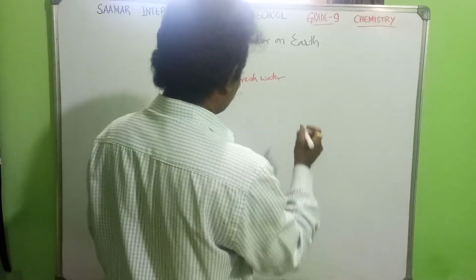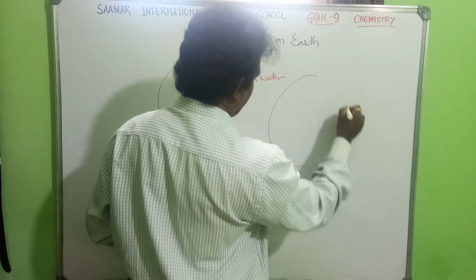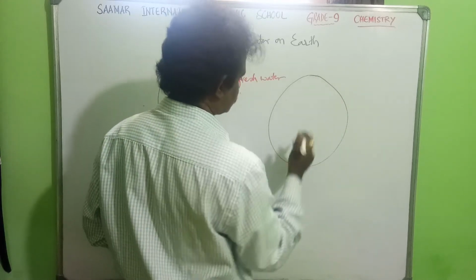In that 3%, I will draw one more. Assume that this is 100% now, that 3% here.